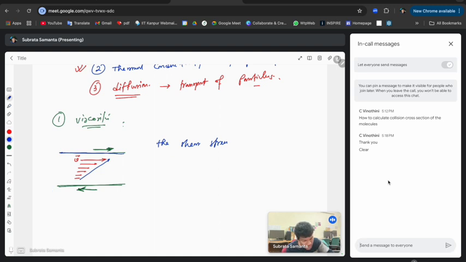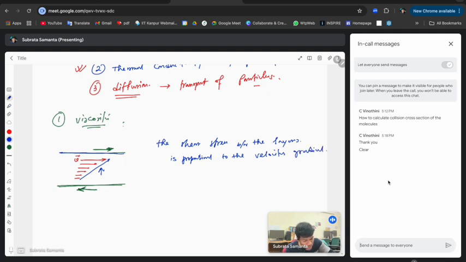The shear stress between the layers is proportional to the velocity gradient that is perpendicular to these layers. So the shear stress between the layers is proportional to the velocity gradient.